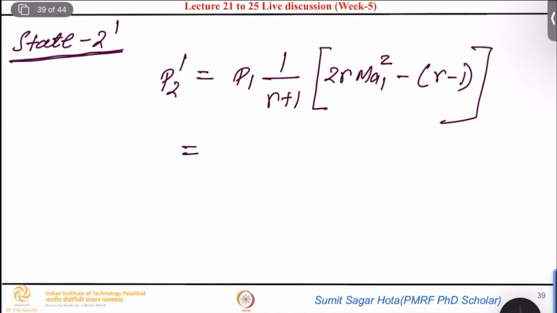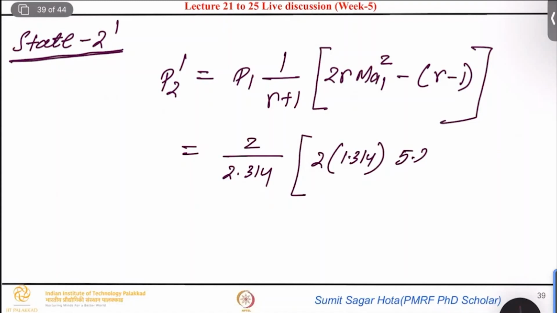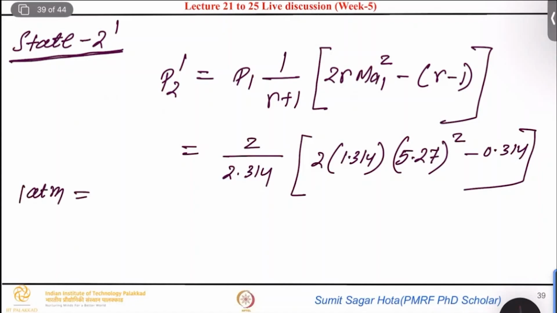Just substitute the values. One atm is equal to 0.101325 megapascal.